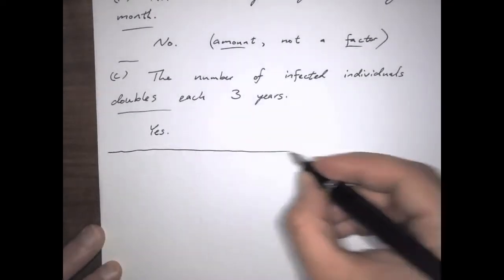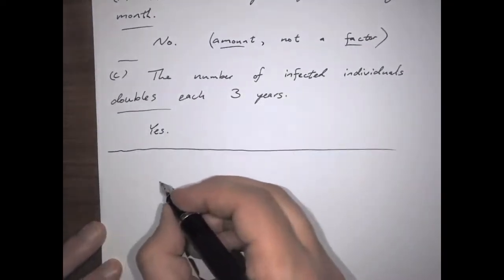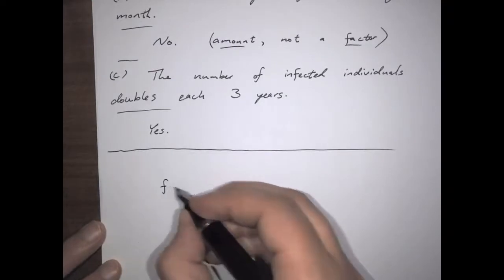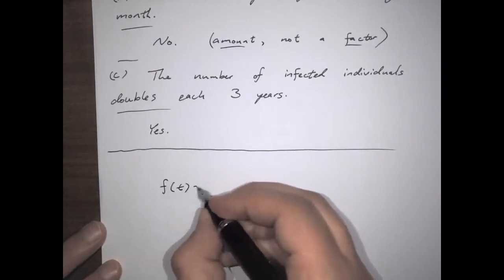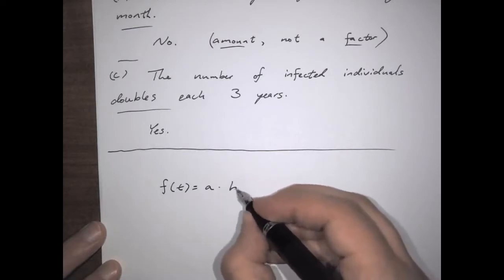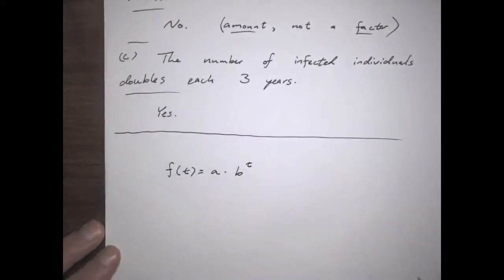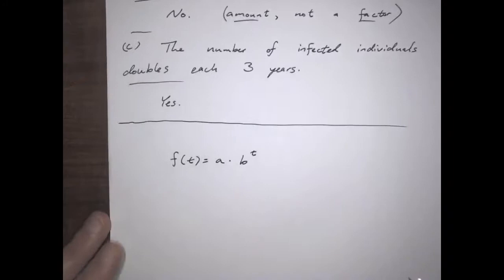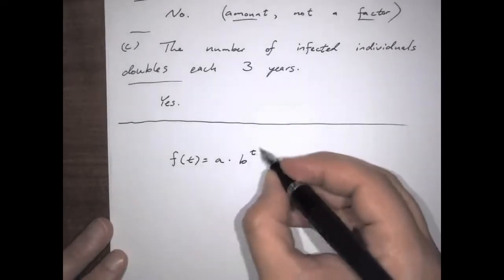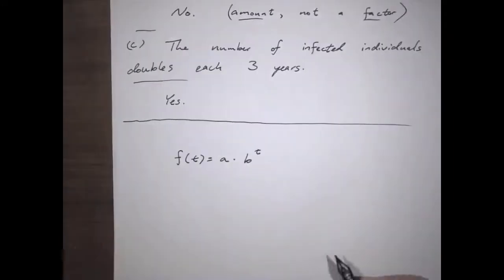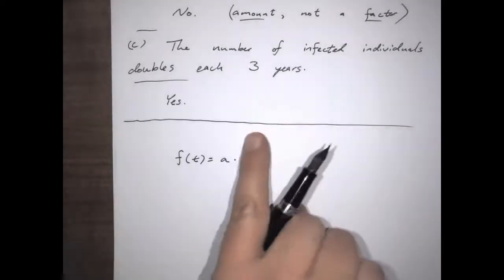So now, back to the format. f of t is equal to a times b to the t. Let's figure out what these things each represent. If t equals 0, then this is an exponent of 0, and things raised to a power of 0 just make 1. So then this would just equal a.